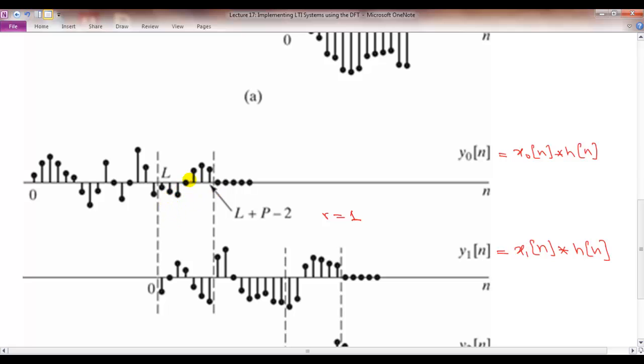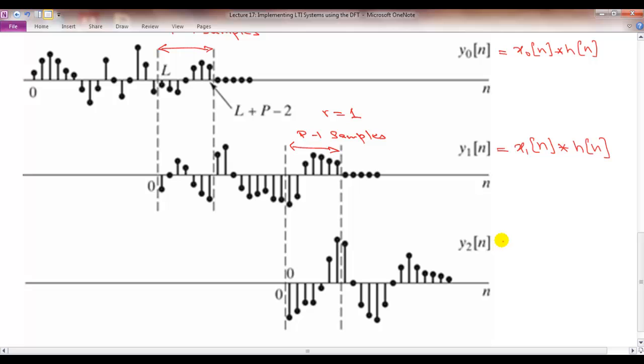So you have from here to here, P minus 1 samples of y_0[n]. You add those samples to these samples to get the P minus 1 samples. The next L minus P plus 1 samples are uncorrupted. You output them as they are. And then the last P minus 1 samples, again, you cannot output them. You have to now wait for the next block to be processed.